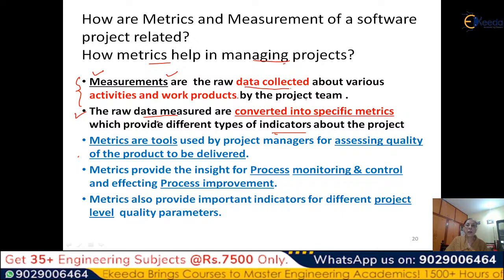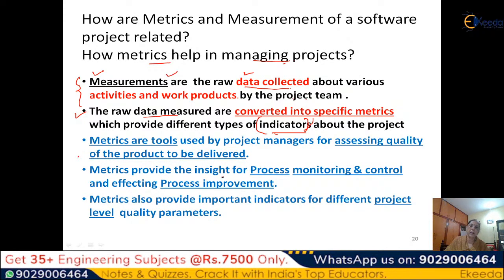And what is the use of the metrics? Data will not give you the indicator. The data will not tell you whether the process is going correctly or not, but you have to convert it into metrics. Metrics are the indicators about the health of the project. Metrics are tools used by the project manager for assessing the quality of the product to be delivered.